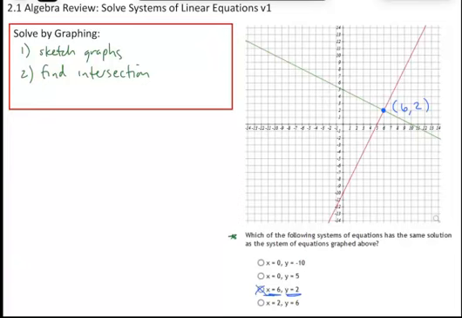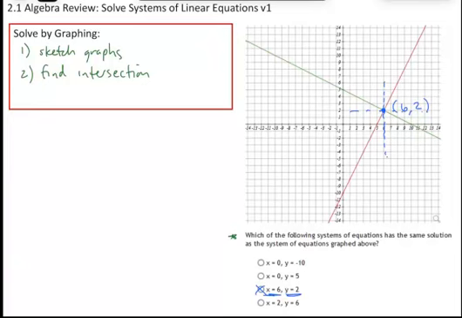Now, they put this in a slightly different format. Here it's giving you a new system. The equation x equals 6 would be this vertical line right here. The equation y equals 2 would be this horizontal line, and that would be the intersection.